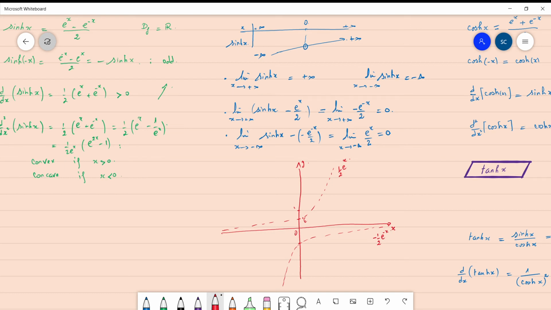Great. Now my function at 0 takes the value 0, so let's choose a green color. It takes 0, then increases going to plus infinity, remains under this curve, and when x is very large, the difference between the two y's approaches 0.